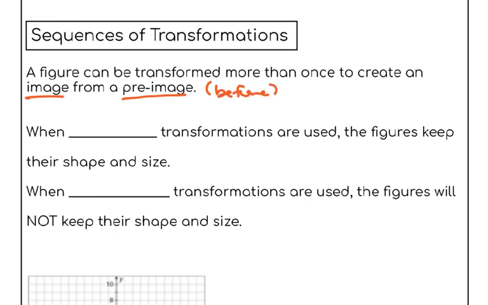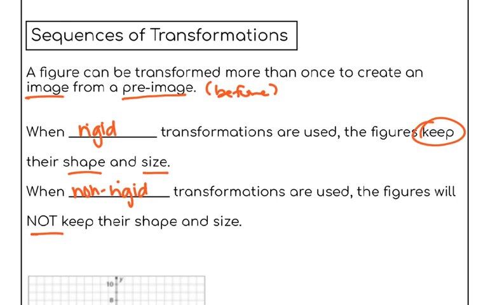Okay? And so we talked about those different types of transformations, and one thing that we talked about was that when a rigid transformation is being used, the figures are going to keep their shape and their size. Now, if it was non-rigid, it would not keep the shape or size.